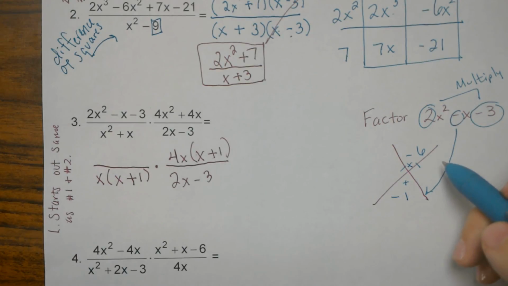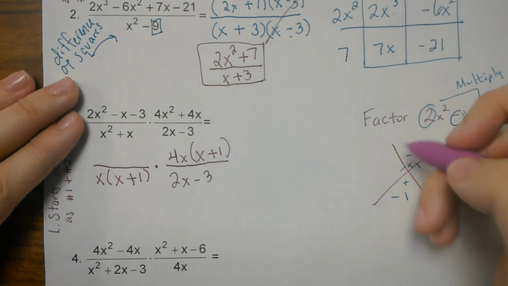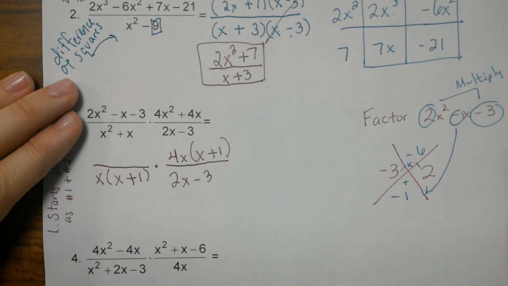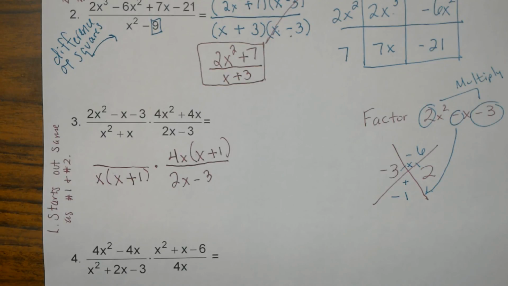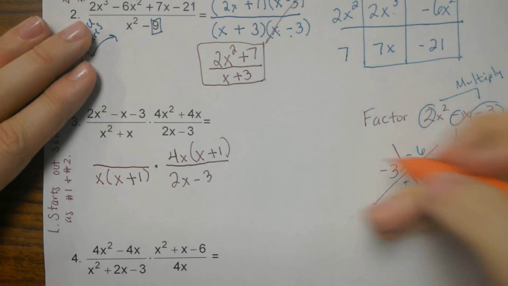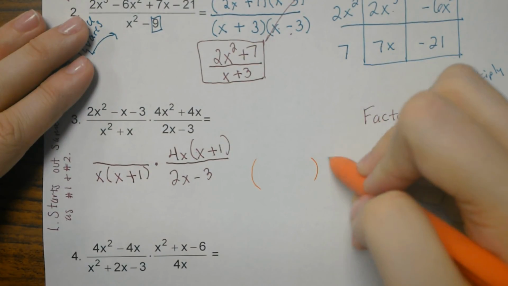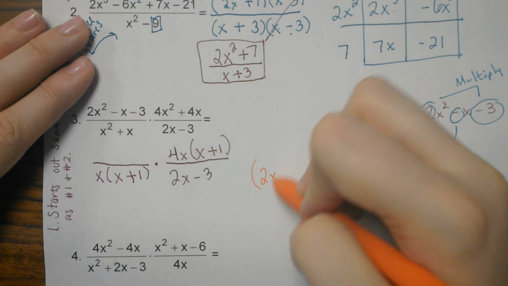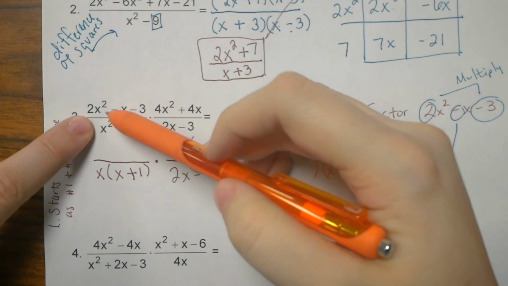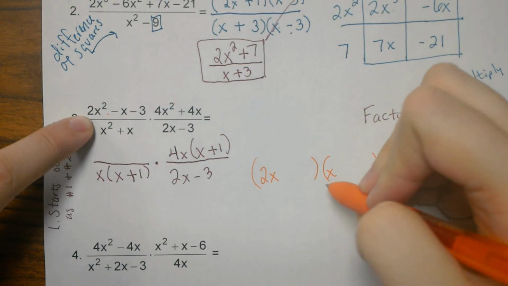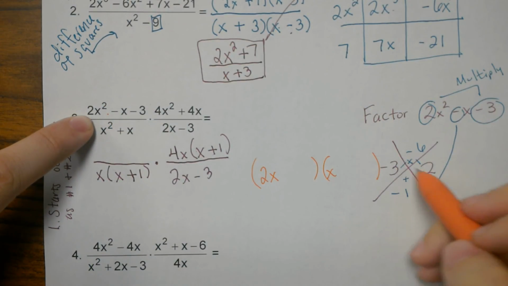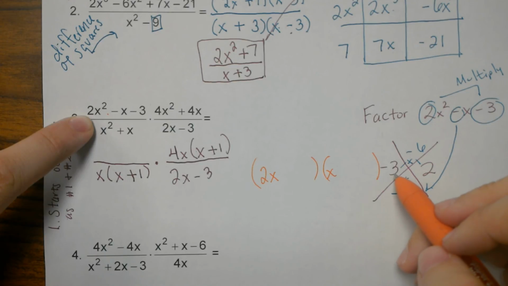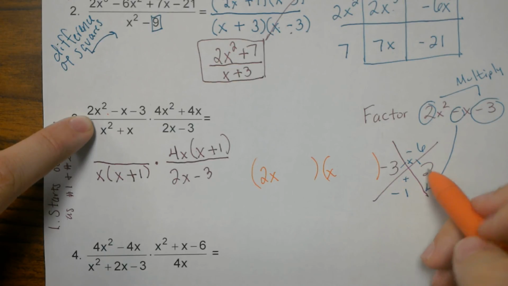So I need two numbers that multiply to negative 6 but add to be negative 3. So I need negative 3 and 2. So 2x times x to give me my 2x squared. 3 has to go somewhere where I'm not multiplying the 3 and the 2 together.